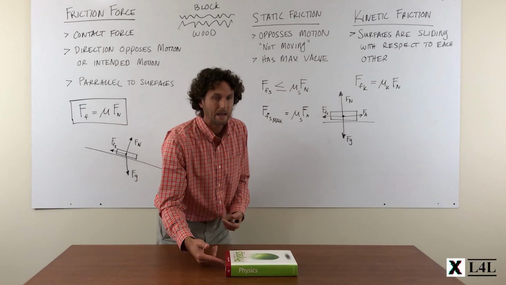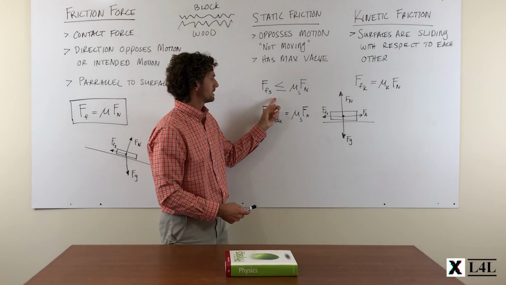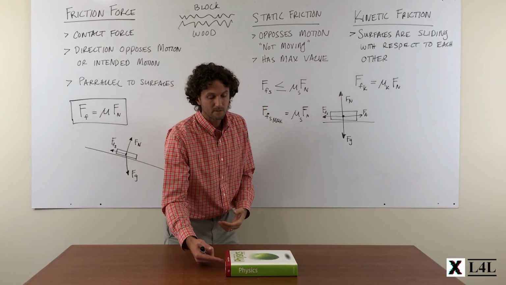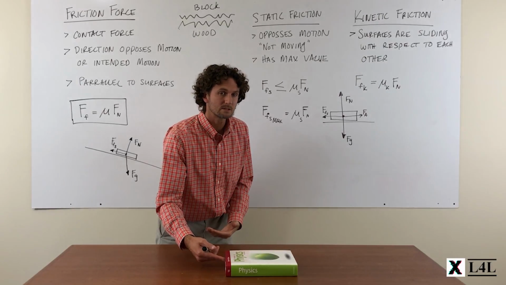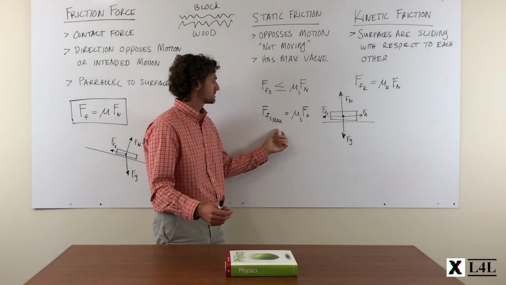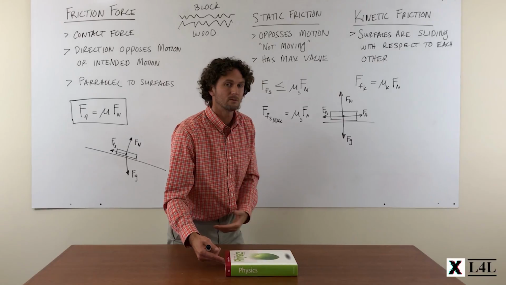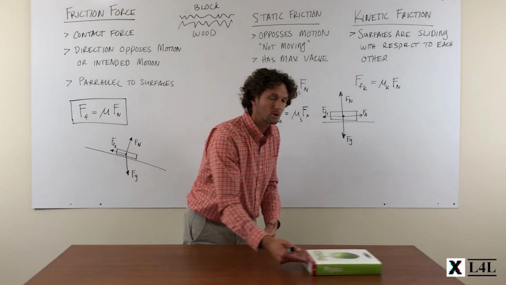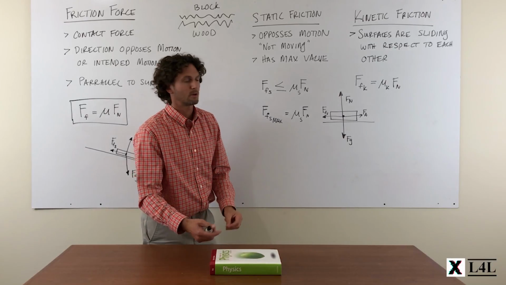As I apply 8 Newton force, there's 8 newtons of static friction. Up until the point where I get to, let's say, 12 newtons of force, I will not be able to go over this maximum level of static friction, in which case I've now crossed over the 10 newtons of static friction, and I will cause this book to start to accelerate because I have a net force differential.